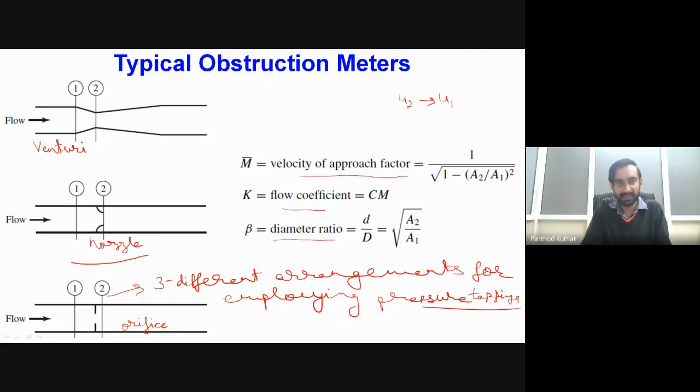For example, in case of venturi, it will be the area of the throat. In case of nozzle, it will be the area at the outlet of the nozzle, and in case of orifice, it will be the area of flow available at the orifice plate. So this is equal to the ratio d by D, and ultimately it is equal to square root of a2 divided by a1.